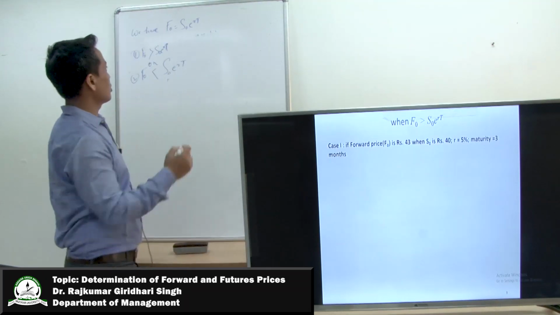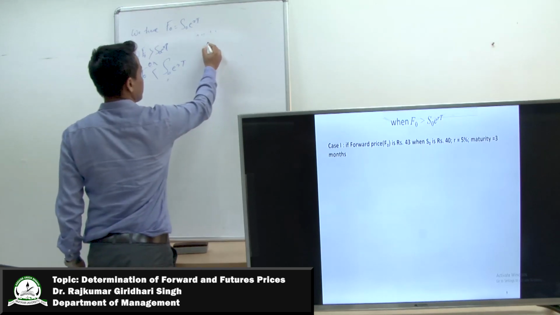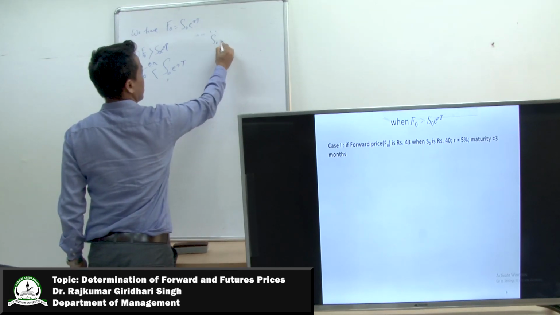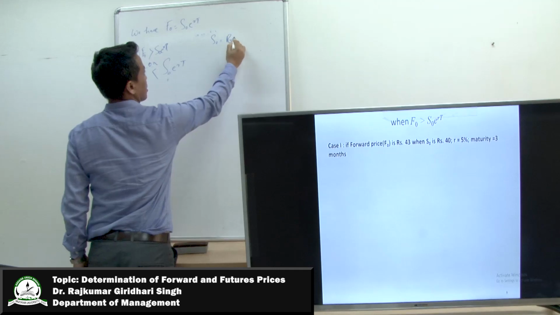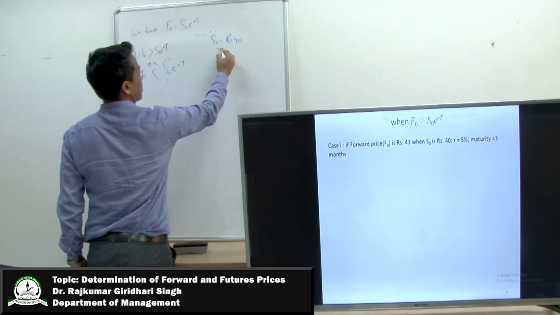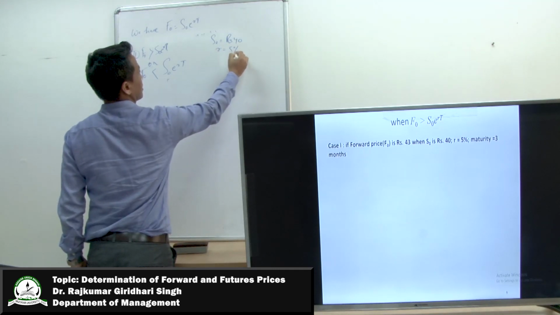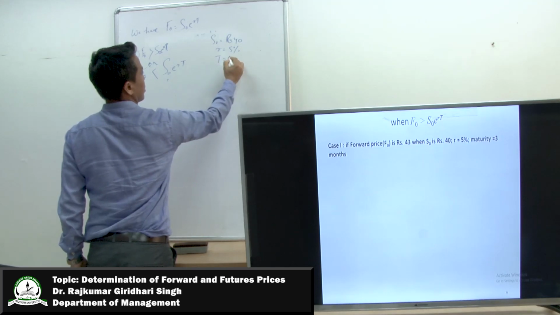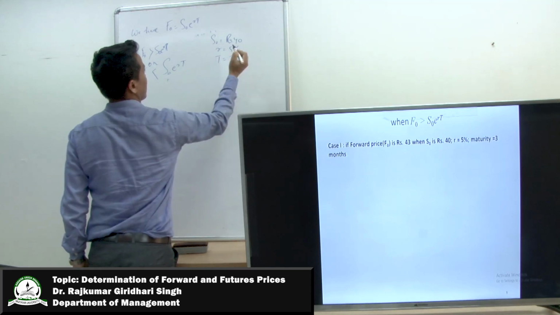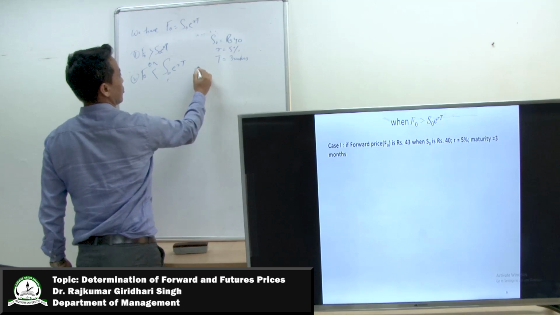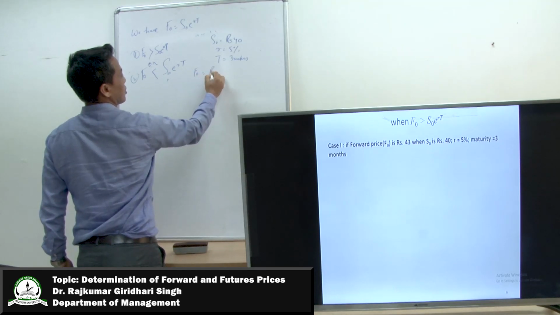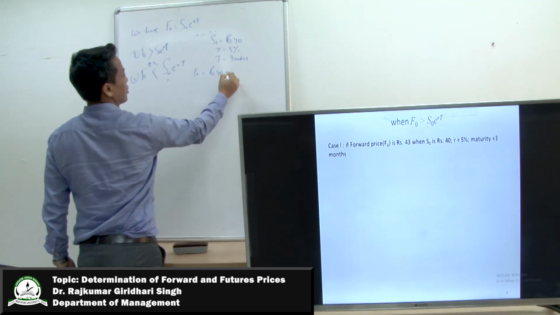Earlier we already knew that given the spot price of rupees 40, r equal to 5% and T equal to 3 months, we found that F0 is equal to rupees 40.5.